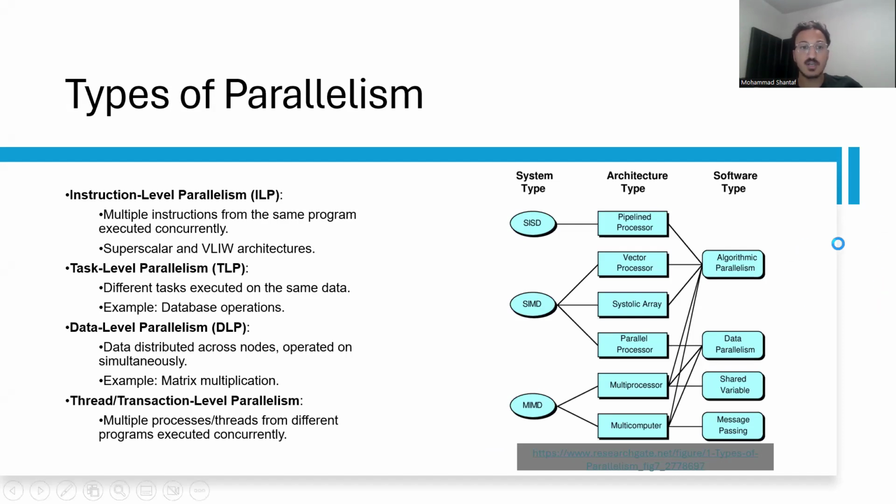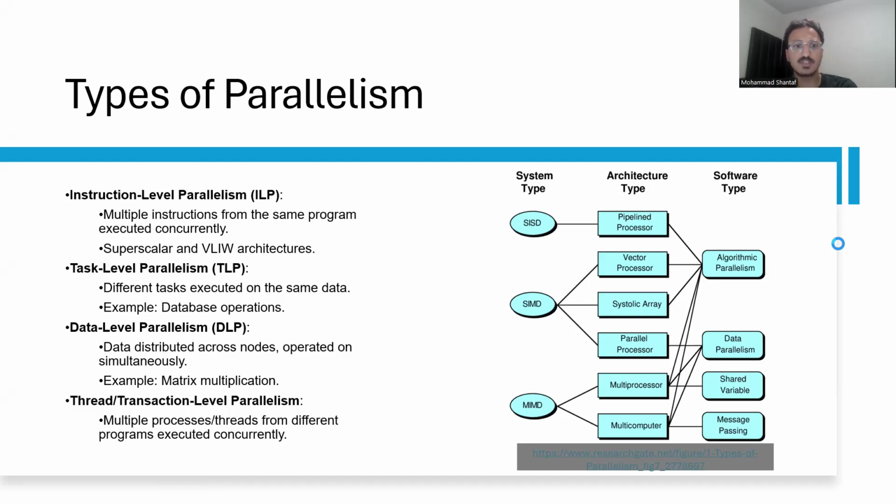Instruction level parallelism is where multiple instructions from the same program are executed concurrently, and it includes superscalar and VLIW architectures. Task level parallelism has different tasks executed on the same data, and an example of that would be database operations.